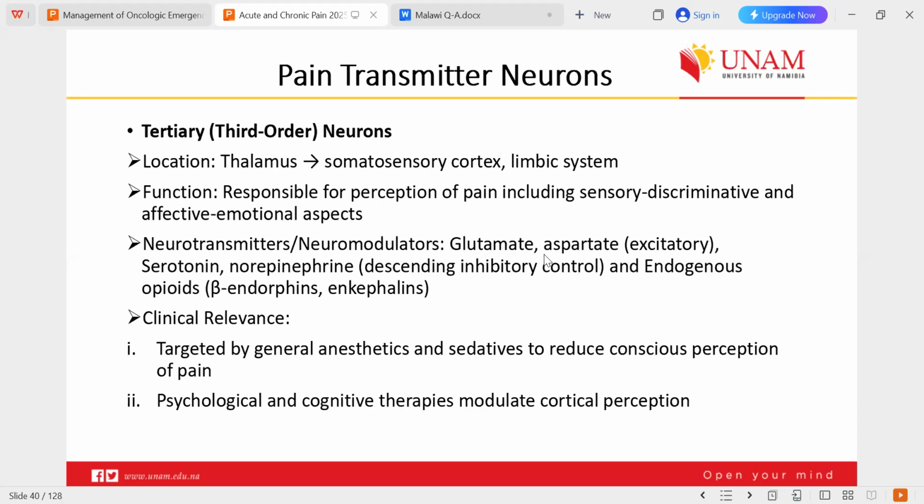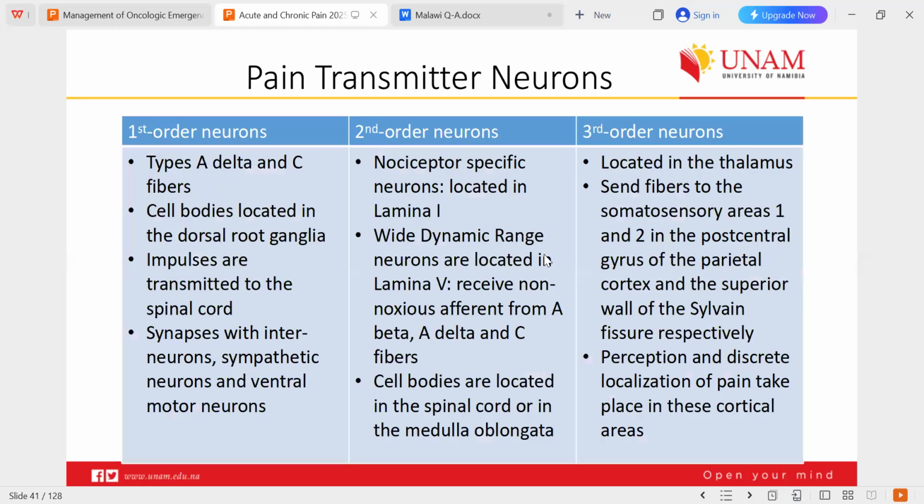At this point, this is where your general anesthetics and sedatives work by reducing conscious perception of pain. The trick here is that pain sensation is present, but the ability of the patient to perceive pain has been modulated. This is also where chronic pain maneuvers like psychological and cognitive therapies help, by working on the thalamus via the third order neurons to modulate cortical perception of pain.